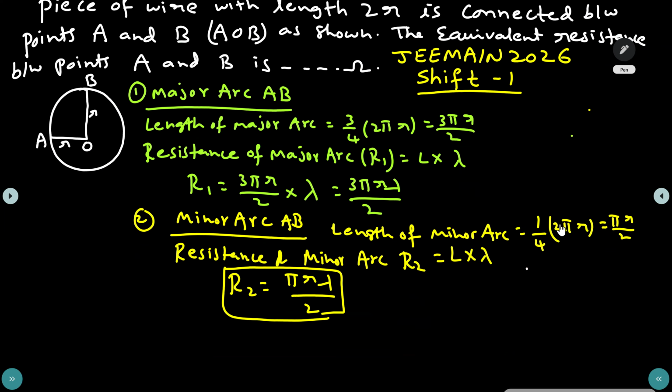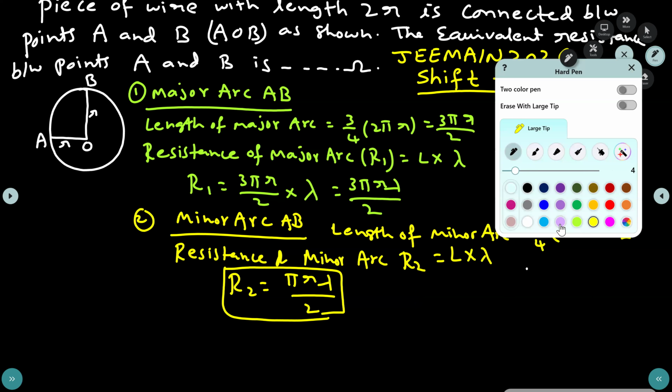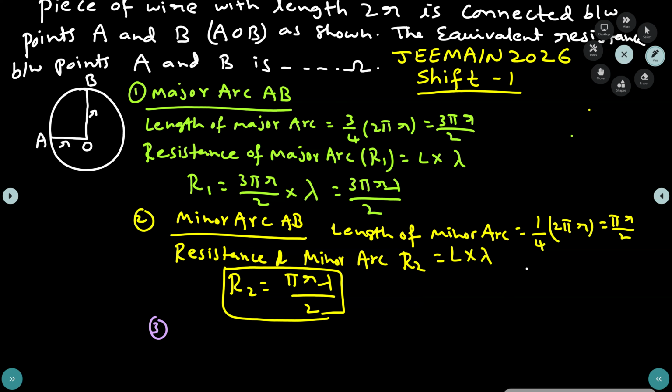Now move on to the third part. What is the third part here? The length through AOB. That is a straight line. The third one is the straight line, you can take it as the AOB path.